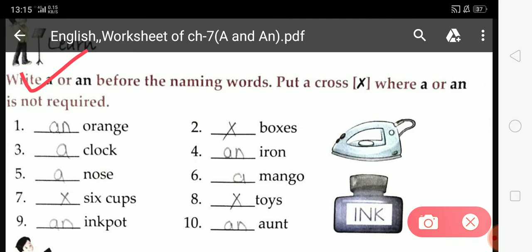When the number of things or animals is more than one, then we cannot use A or AN before the naming word. So you have to take care about this.